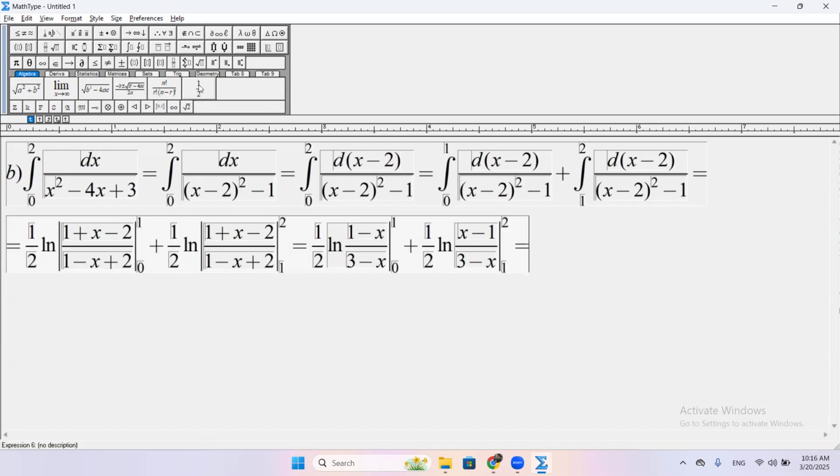So let's calculate everything. For the first one, it approaches 0. So the integral is logarithm of minus infinity, so minus infinity we have, and minus logarithm of 1 over 3.